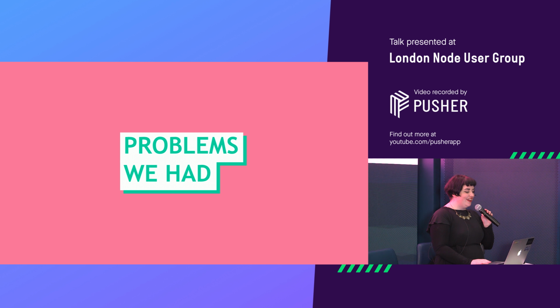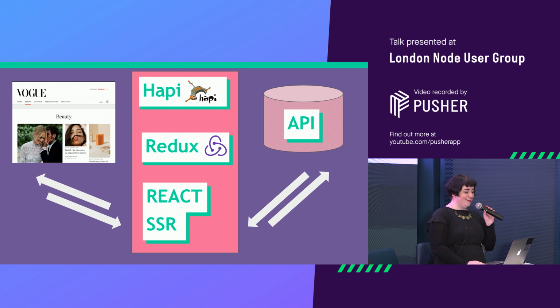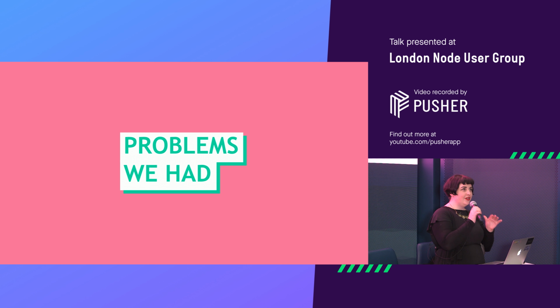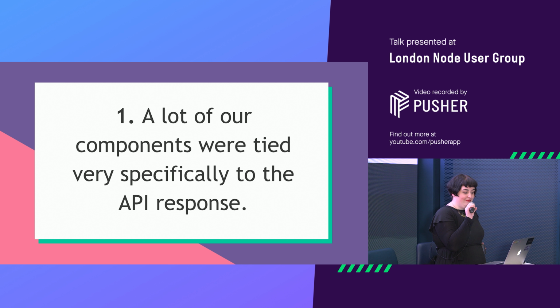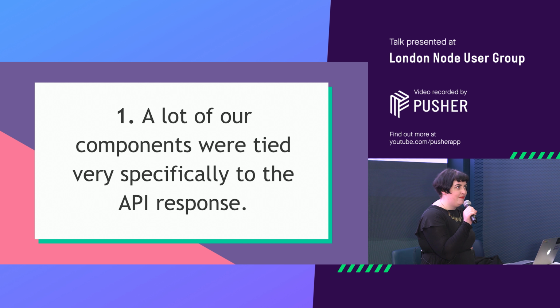Okay, so here's what our application used to look like, as Faduma showed. After we'd been building this for a couple of months, we had a retrospective where we talked about the things that we liked and the things that we didn't like about our code base. And here are some of the problems that we identified. The first problem is that a lot of our components were tied very specifically to the API response.